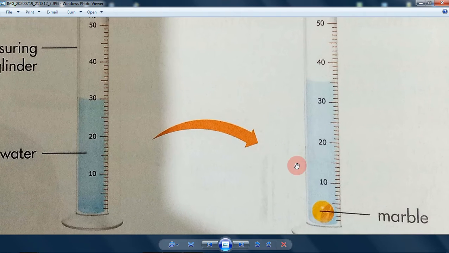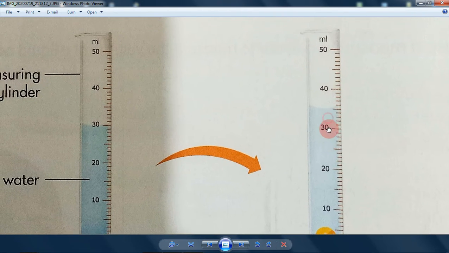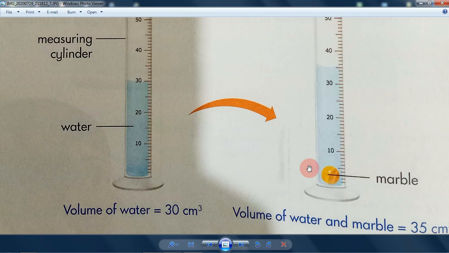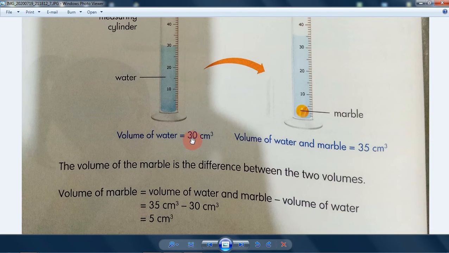And then when you put the marble in it, it increased to 35. So let's see. The volume of water is 30 centimeter cubic, and the volume of water and marble is 35 centimeter cubic.